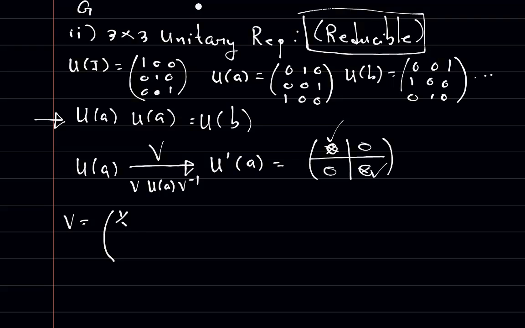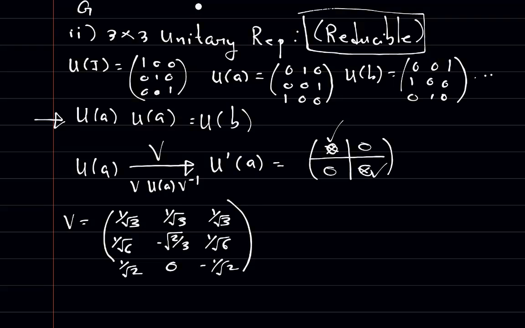I'm going to write it and you're going to do the calculation at home and check that these numbers are correct. So this is 1 by 3, then I have 1 by root 6 here, minus root 2 by 3 here, and 1 by root 6. And I have 1 by root 2, and I have 0, and I have minus 1 by root 2.